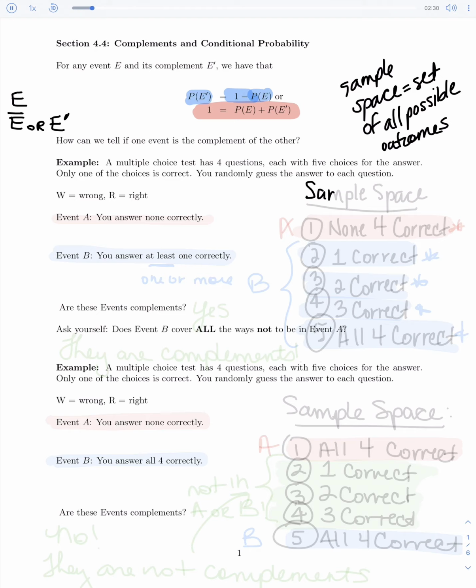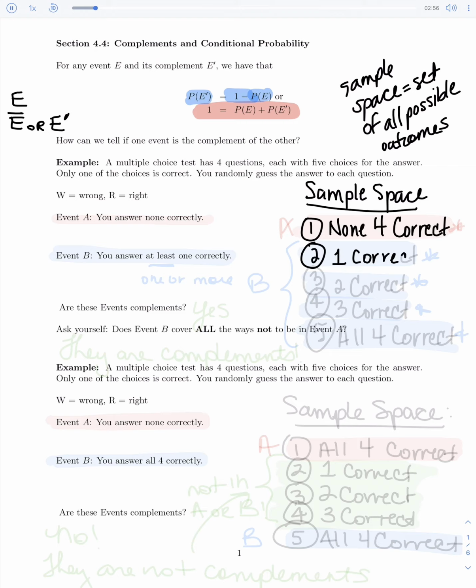So let's start out with the sample space, which is the list of all possibilities. Well, the first thing that they actually mention is that you answer none of the 4 questions correctly. So let's list that out as our first option. What's another option? Again, we're going to try to leave this as broad as possible, is that you only get 1 of the questions correct.